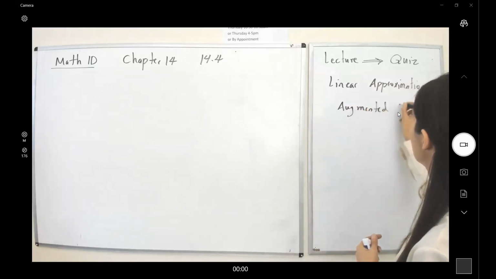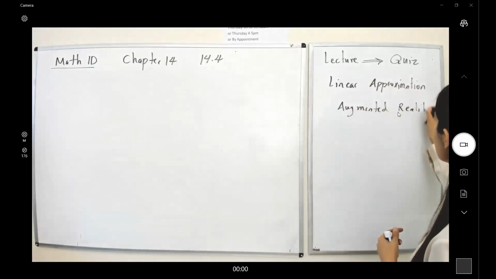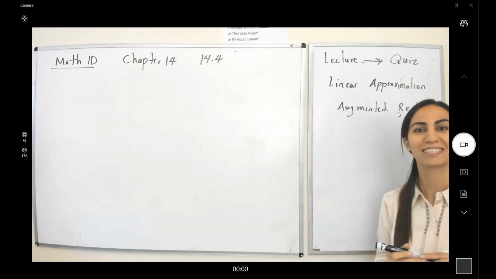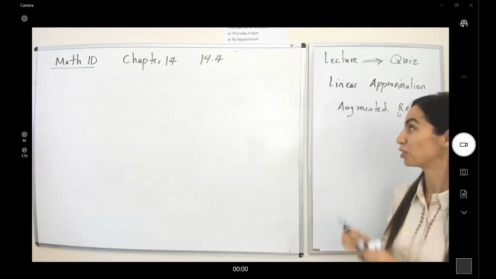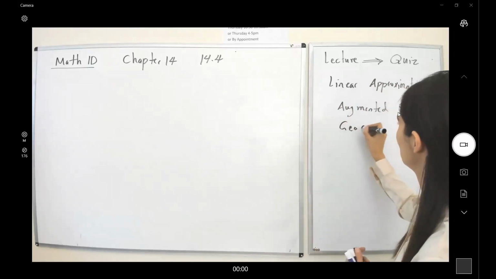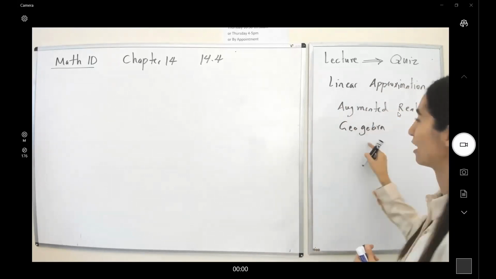So, in augmented reality, I already posted a link, augmented reality for GeoGebra. You can download the app.